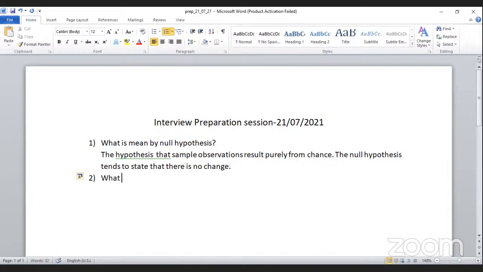The next question is, what is meant by alternative hypothesis?